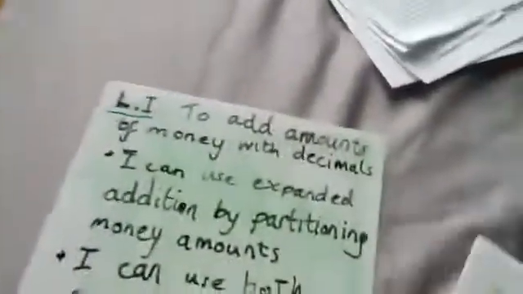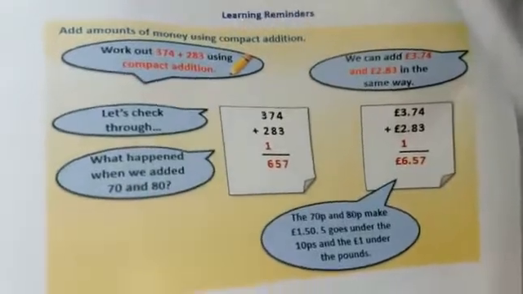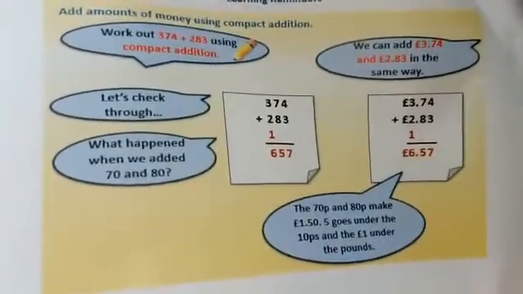On the back is showing again how to remember how to do the compact addition. So it's in your favour to know both methods, and that's what we're going to do.